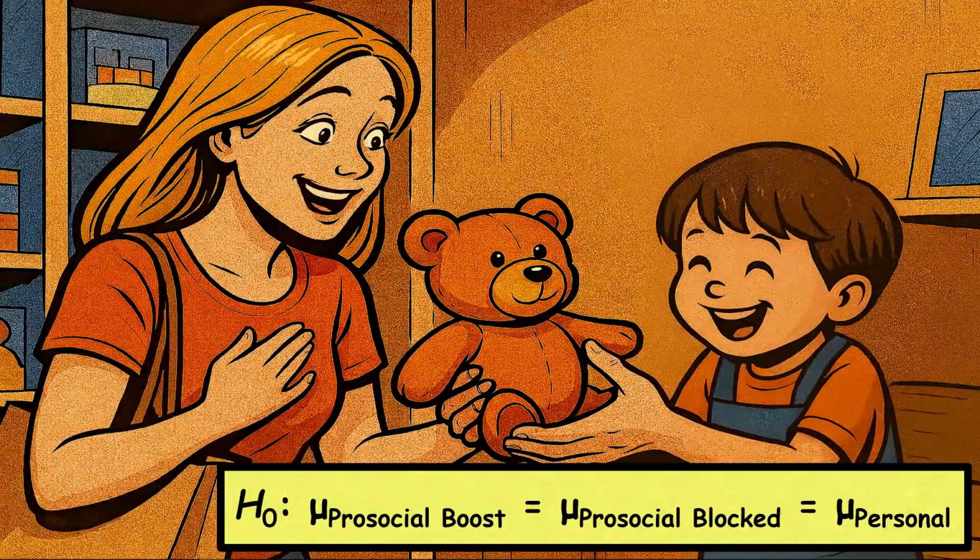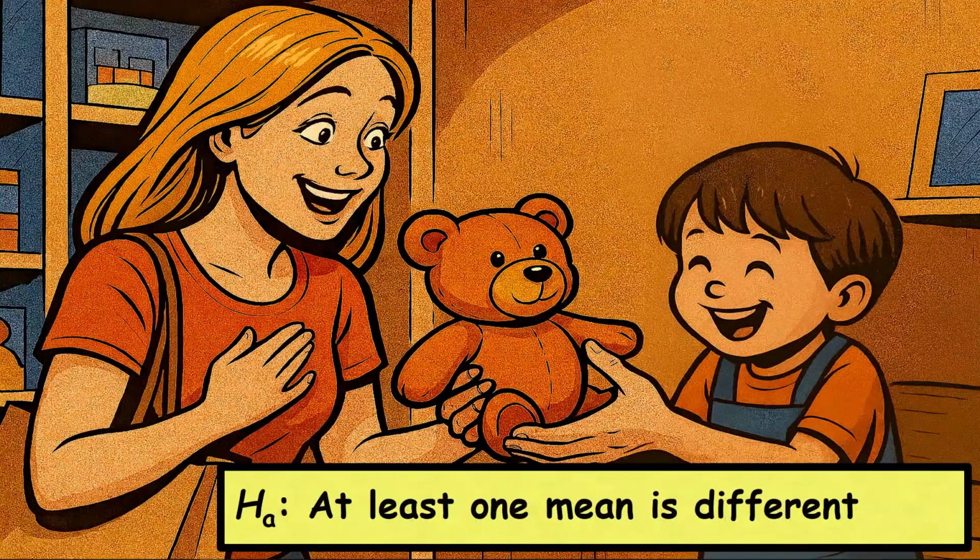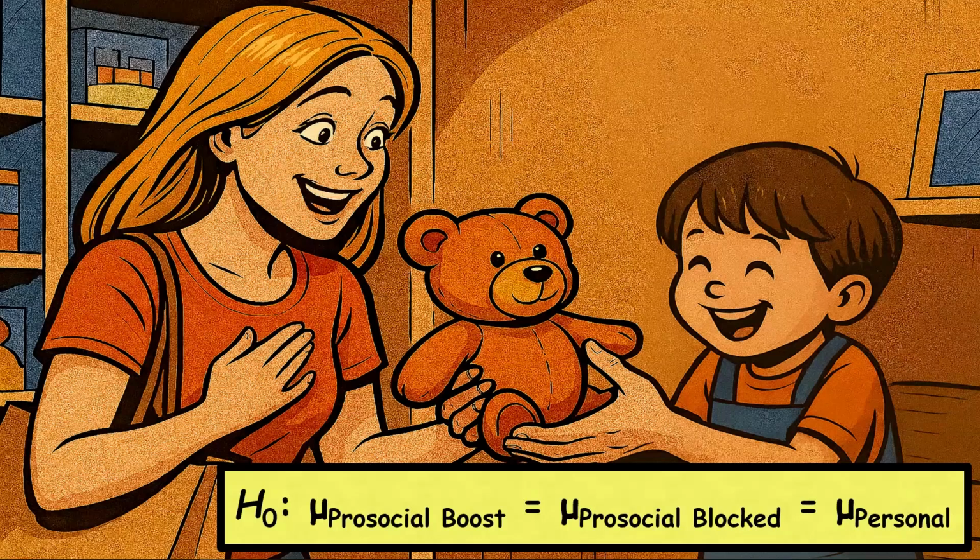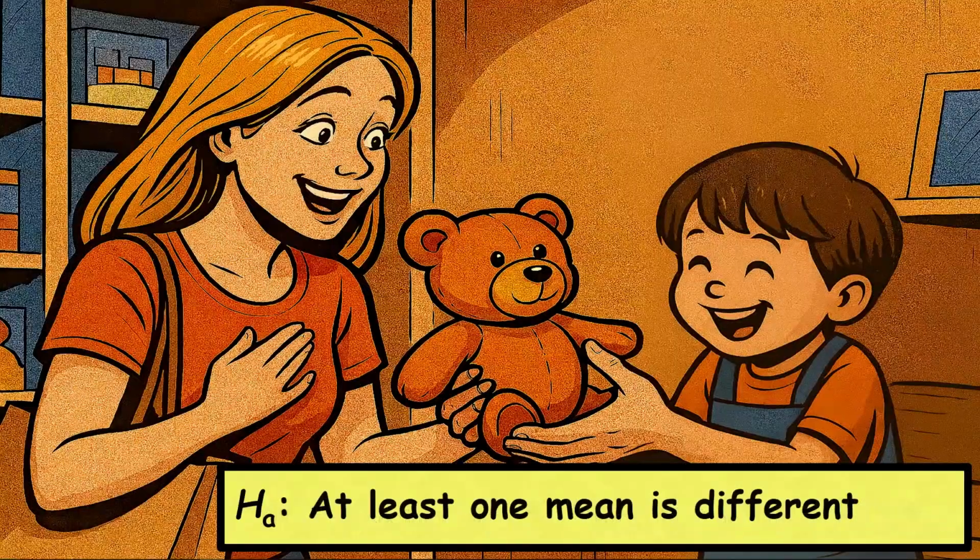Now, the alternative hypothesis, the research hypothesis, is that at least one of those population means is different. So we have 3 population means here. The null hypothesis is that they're all the same, they're all equal. The research hypothesis is that at least one of those population means is different.